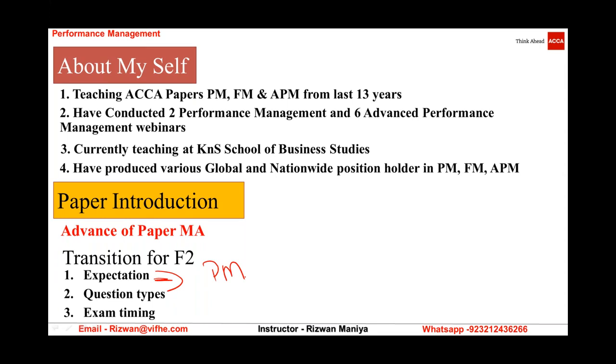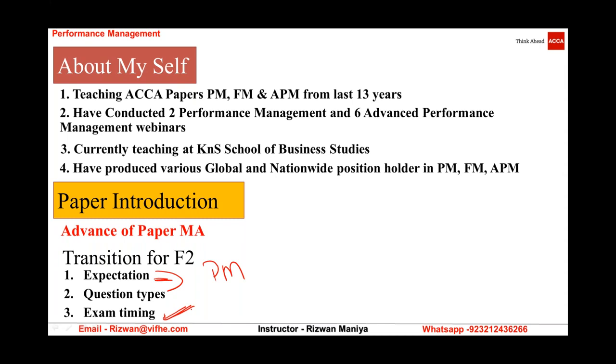Third, exam timings. You all know that if you pass the management accounting paper, you can just move on to performance management. And if you fail, for example, you can give the management accounting paper whenever you want to, because it's CBE based as well, and the dates are easily available throughout the year; you can give the exam whenever you think you are prepared.